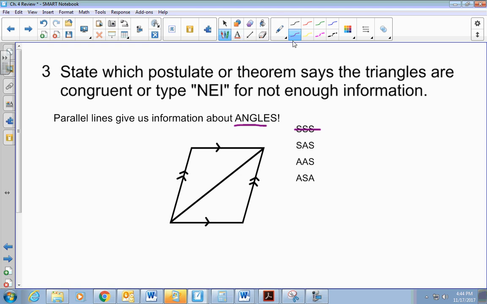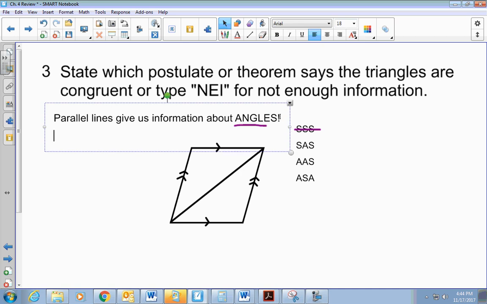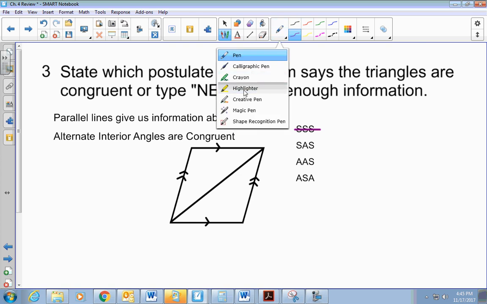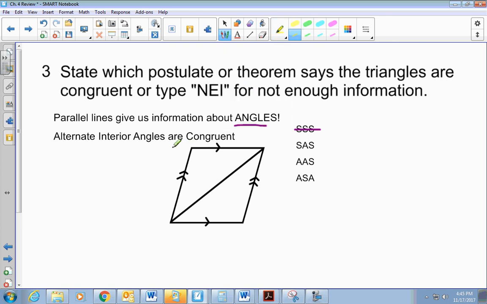Okay, so our key term here, when you guys are dealing with parallel lines, we want to look for alternate interior angles to be congruent. I capitalized the wrong letter there. Okay, so if I have these two parallel lines, and sometimes it's hard to see, so feel free to mark up your shape. So I have this line on top and this line on the bottom are parallel.